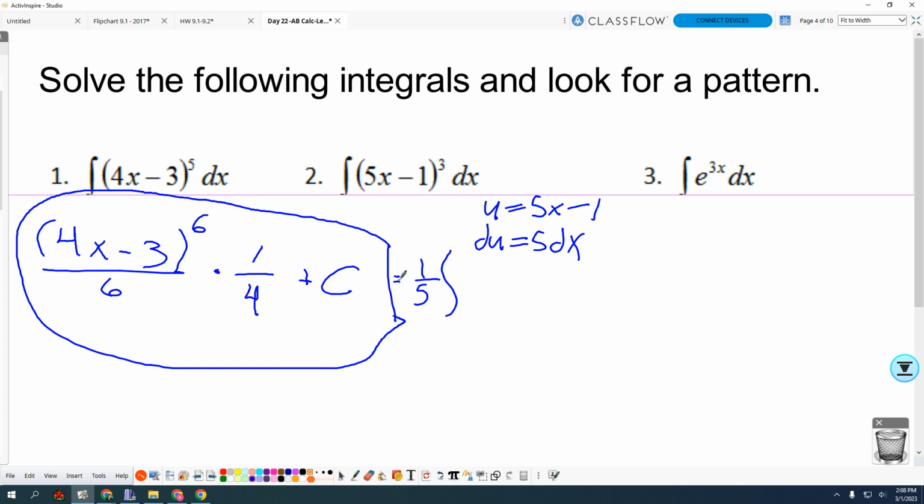And taking 1/5 out. And now he's going to integrate. That's a U to the fourth. And he's changing dx to 1/5 du.